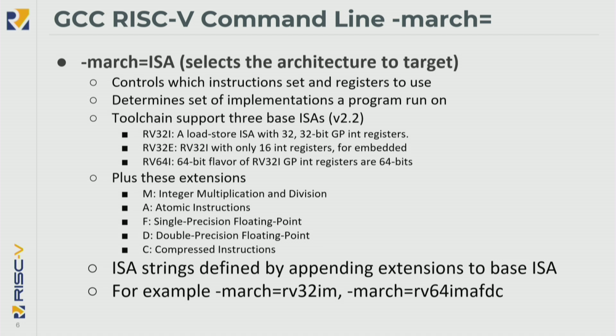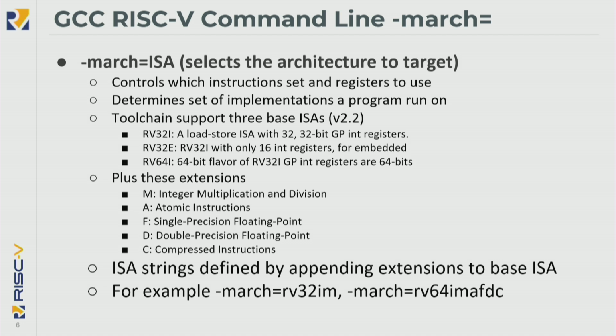Combined with this, there are also some extensions, and these extensions follow the ISA as well, where you can add an M for integer multiplication and division, an A for atomic instructions, an F for single-precision floating point, D for double precision, and C for compressed instructions as well. So these combine to give the ISA string that you can use when you compile a particular C code.